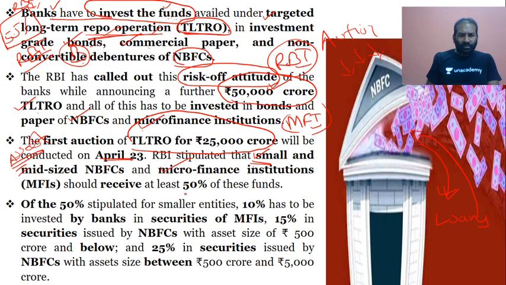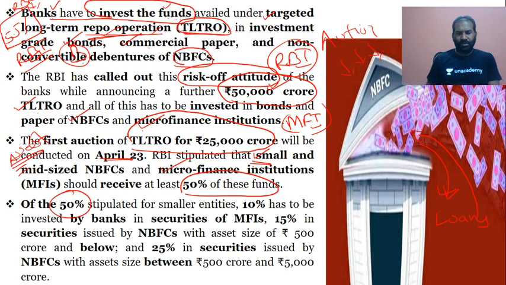So 50% of this will get into the micro financial institutions, and the rest 50% will get into the NBFCs and MFIs. How the calculation will go ahead, you need to understand, because of the auction.